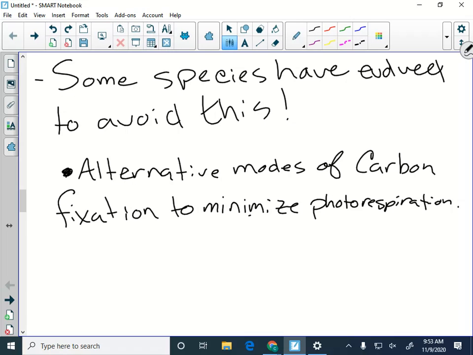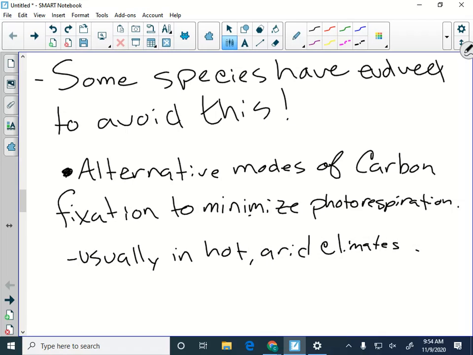This usually happens in hot, arid climates. Climates where they have to deal with low CO2 levels and increased transpiration if they don't close their stomata.